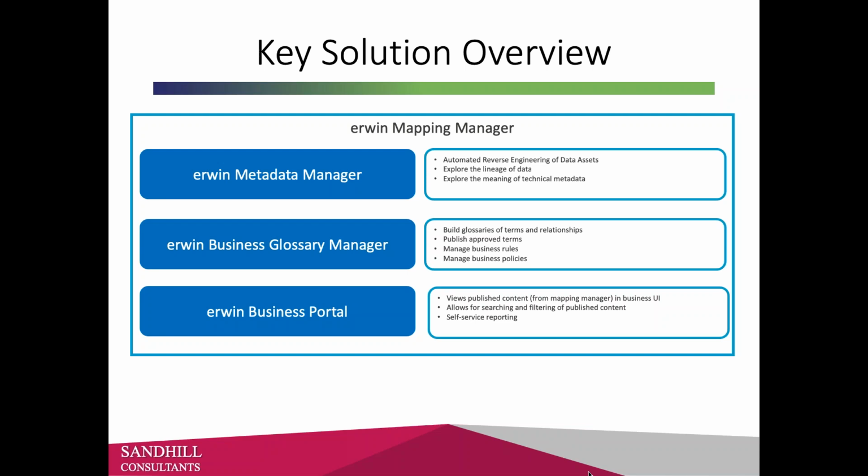The business portal actually publishes that, or is published information for anybody to go in and take a look at. The linkage or lineage between the Metadata Manager and the Business Glossary Manager is going to help us understand what the relationships are between these things. So as Robert mentioned earlier, what does it mean? Where is it located? Those kinds of concepts are all established by this linkage, this lineage.